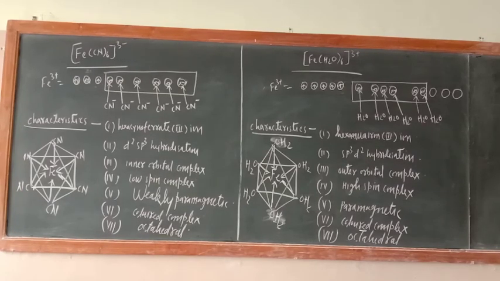But to know the entire characteristics, it is better to work out all the steps which I have told you, because even if one unpaired electron is there, it will not be diamagnetic, it will be weakly paramagnetic. So it is better to work out the entire steps so that you do not commit mistakes.